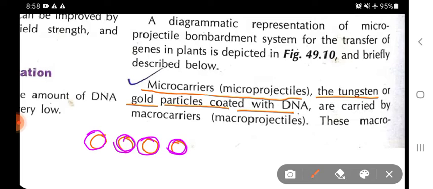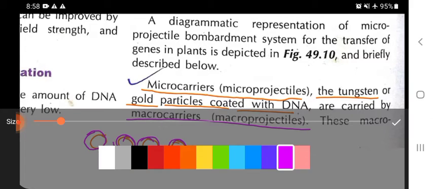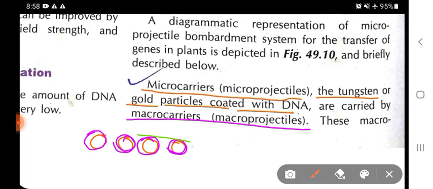Now, these microcarriers are carried by macrocarriers. Macrocarriers are long plates where the microcarriers are placed. So this one is a macrocarrier, and these are your microcarriers, made up of gold or tungsten particles and coated with your desirable DNA.